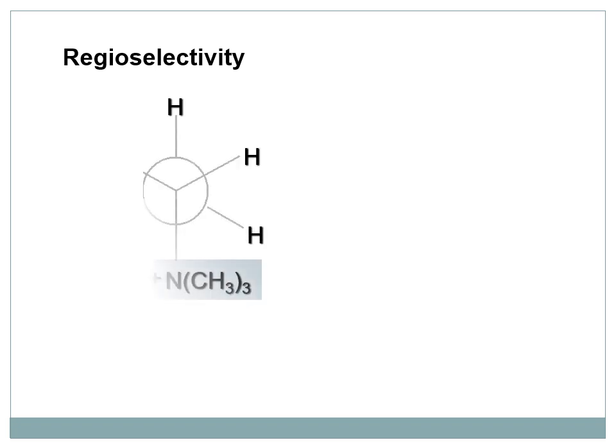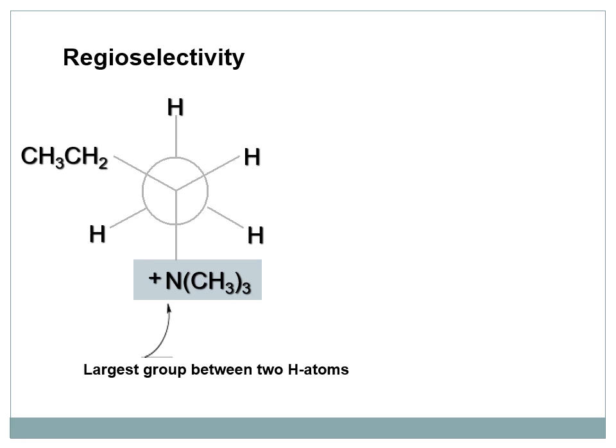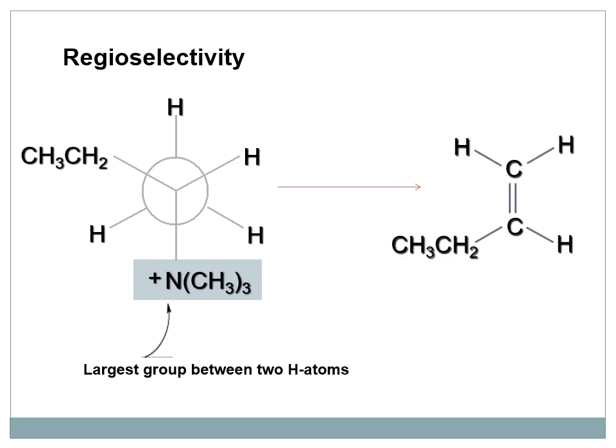Why does this happen? It is explained with Newman conformers. This is the first conformer of the quaternary ammonium salt, which leads to form but-1-ene as major product, and here we see the larger group is in between two H atoms, which means the steric effect influence is less.